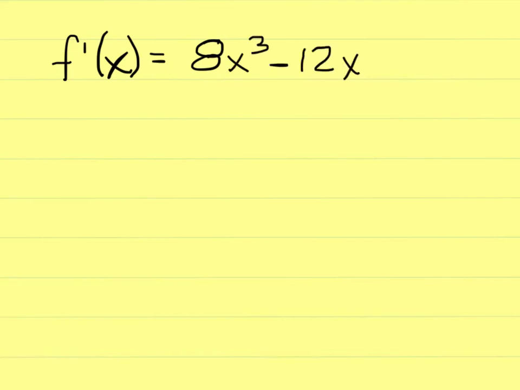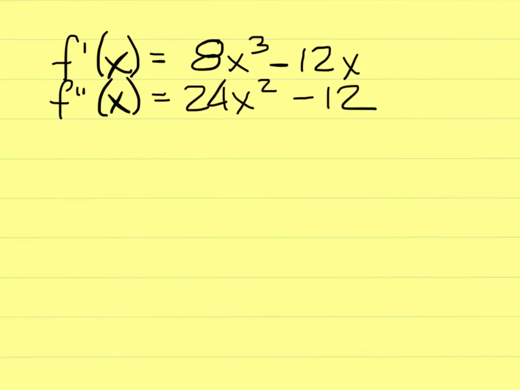Let's use a second derivative test to figure out max, min, or point of inflection. Now, on this, remember the first derivative was 8x to the 3rd minus 12x. That means the second derivative is going to be 24x squared minus 12.